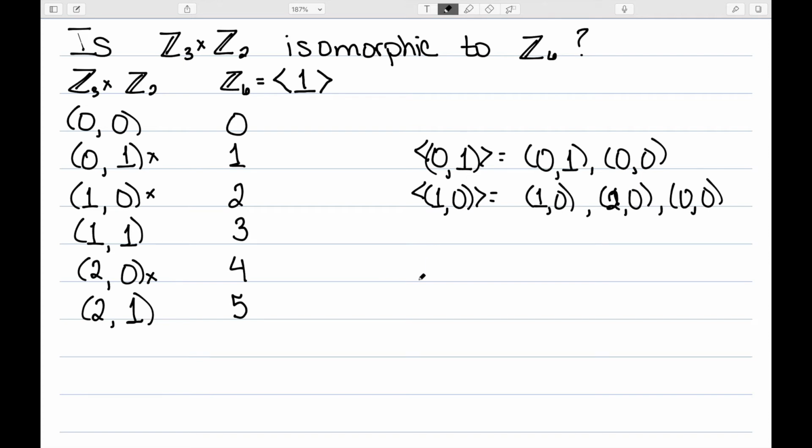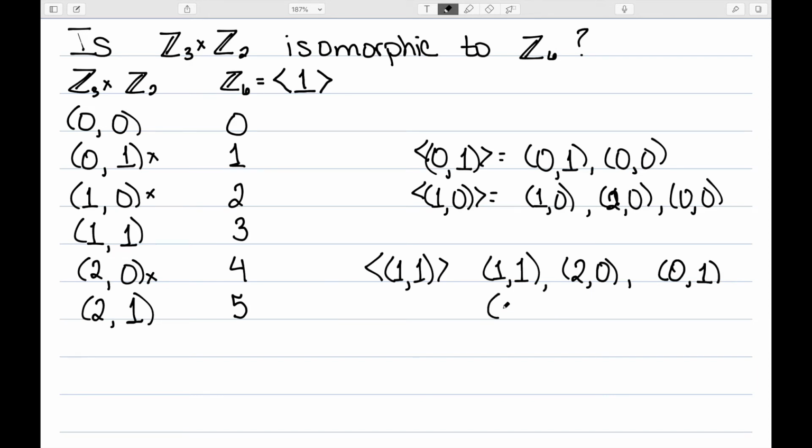So we're down to 2 possibilities to make this cyclic. Let's try 1,1. Well, we would have the element 1,1. Added to itself is 2,0. 1,1 plus 2,0 would be 0,1. 1,1 plus 0,1 is 1,0. 2,0 plus 0,1 is 2,1.